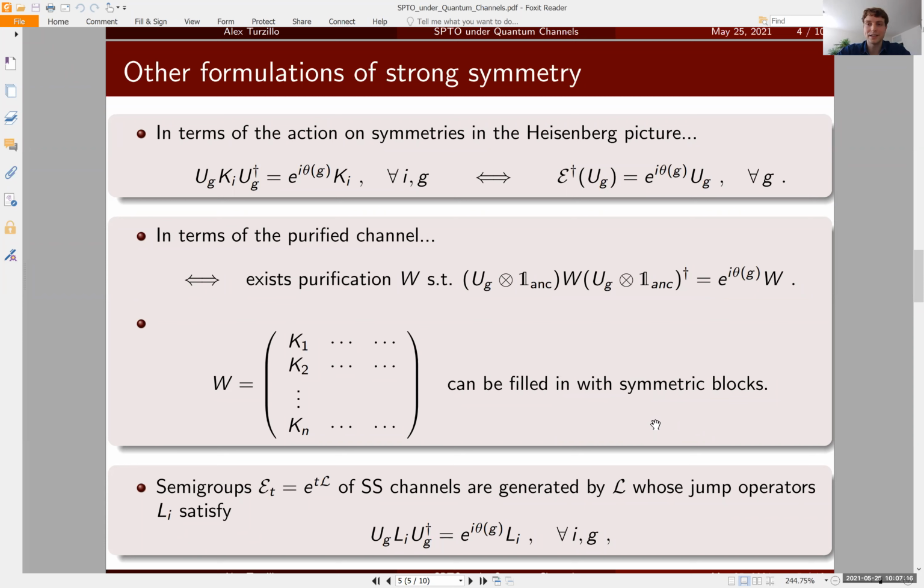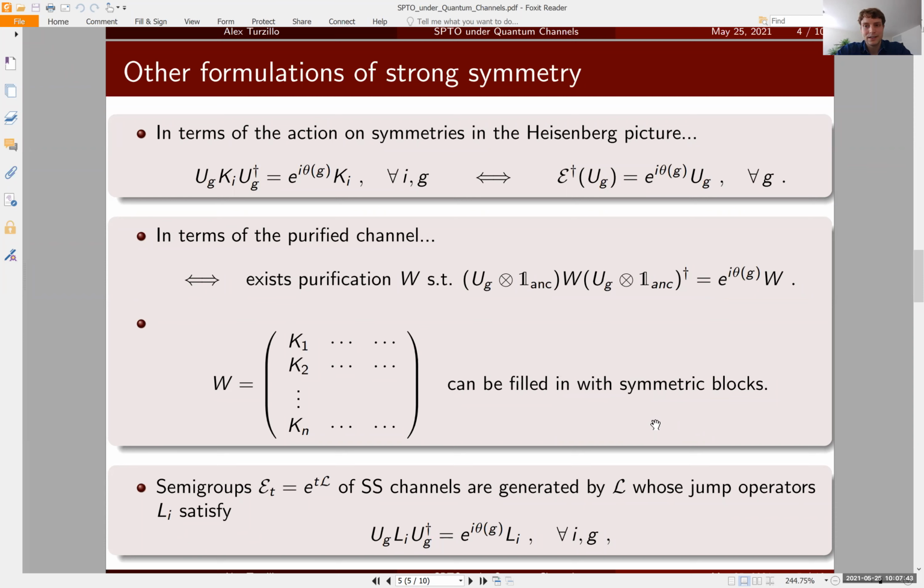Another way to look at strong symmetry is in terms of its purifications. A channel is strongly symmetric if and only if there exists a purification of the irreversible channel to some unitary, such that the unitary commutes with the symmetry, or at least the appropriate symmetry action on the system tensored with ancillas.